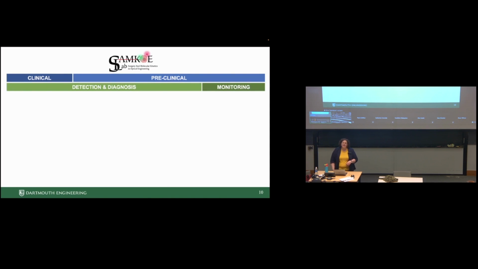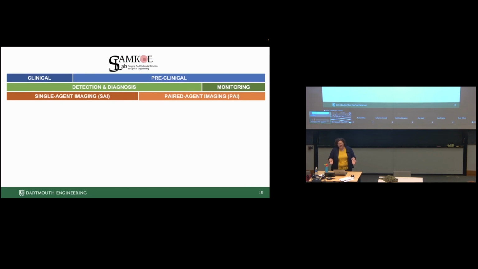We also have a number of different areas of focus. One of the main focuses as my lab got started was really detection and diagnosis, so really trying to differentiate between tissues. But we've been moving into monitoring, so therapeutic monitoring, process monitoring, as well, using our quantitative methodologies. And then we have two additional fluorescence techniques, what we call single agent imaging and paired agent imaging.